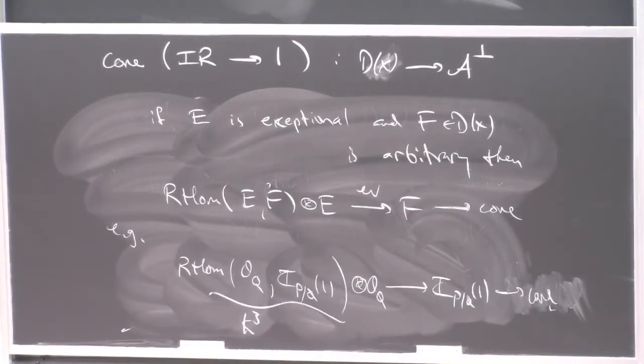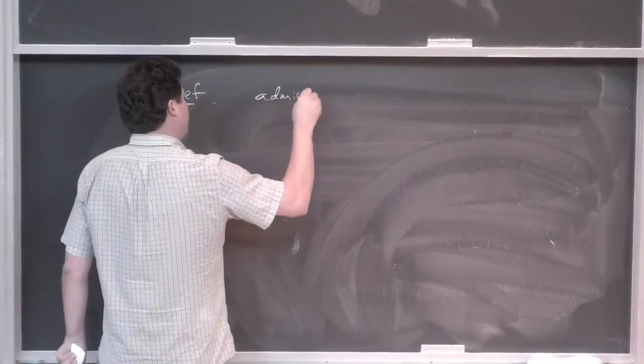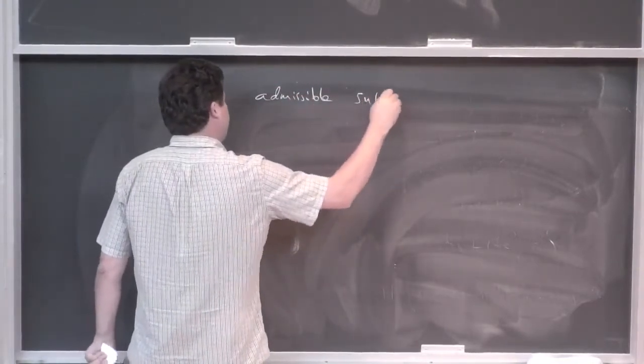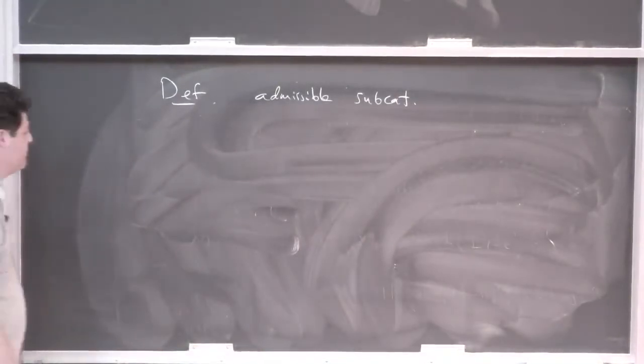So, all right. If you fell off the horse, maybe now's a time to get back on. So we have this definition of an admissible subcategory, where the inclusion had left and right adjoints.